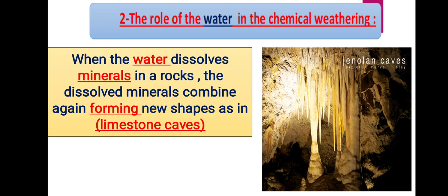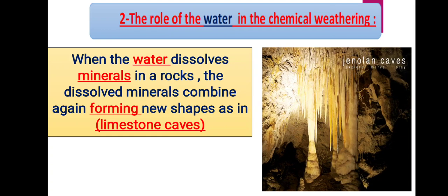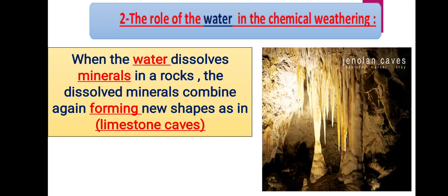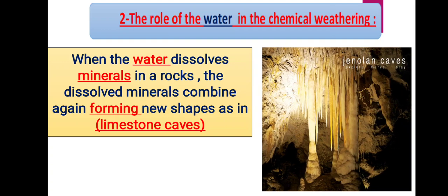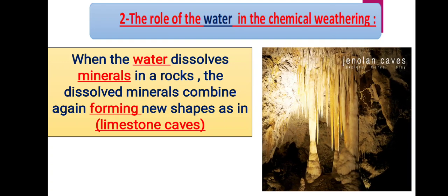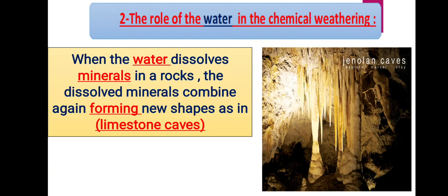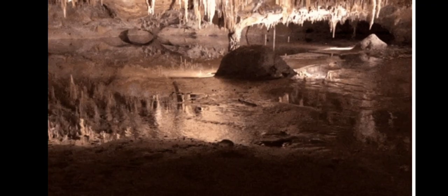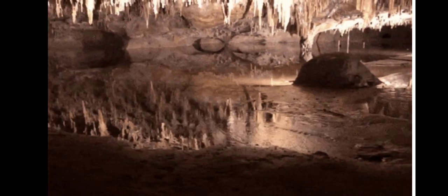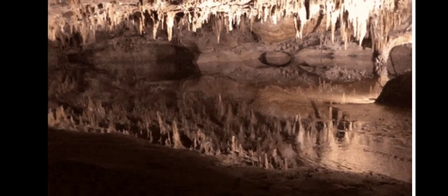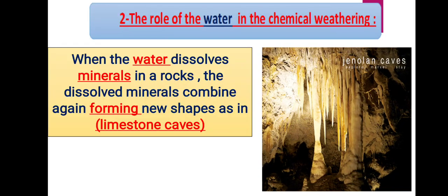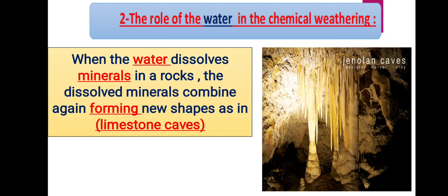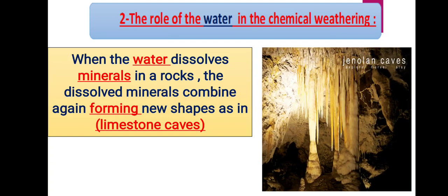After that, the minerals that dissolve from the rock will combine or collect together, but form another or new shape. This shape is called the limestone. As we can see in this picture, this is the limestone. So again, when the water reacts with the rock, the water can dissolve some minerals of the rock.